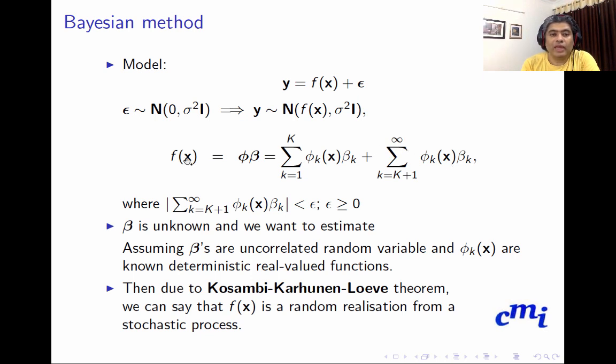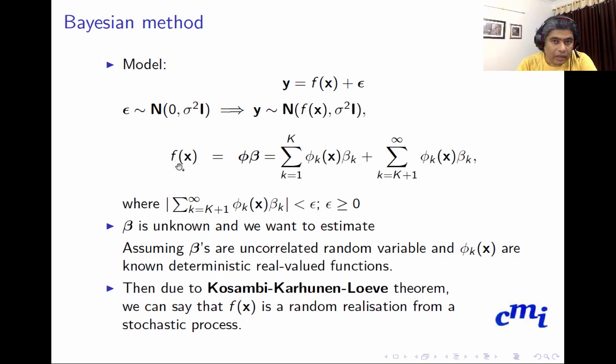Now f of x can be written as an infinite sum of phi x beta. So this is a sum of infinitely many functions, where we are assuming that after k many components, it is not contributing anything to the value of f.